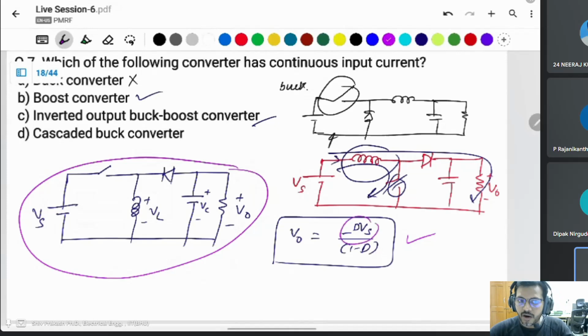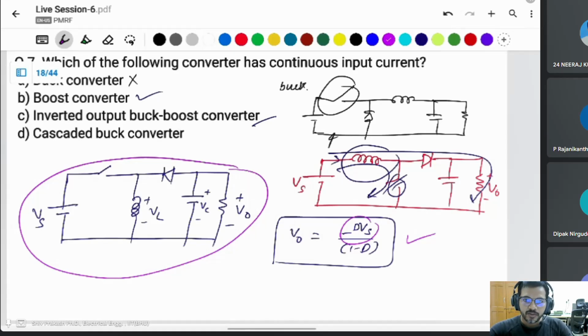But if you want a non-inverted output voltage from a buck boost converter, there are other converters known as the Cuk converter, SEPIC converter, and flyback converter. Which one has no inverted output? The output voltage is simply positive in that converter, which is known as the non-inverted output buck boost converter.